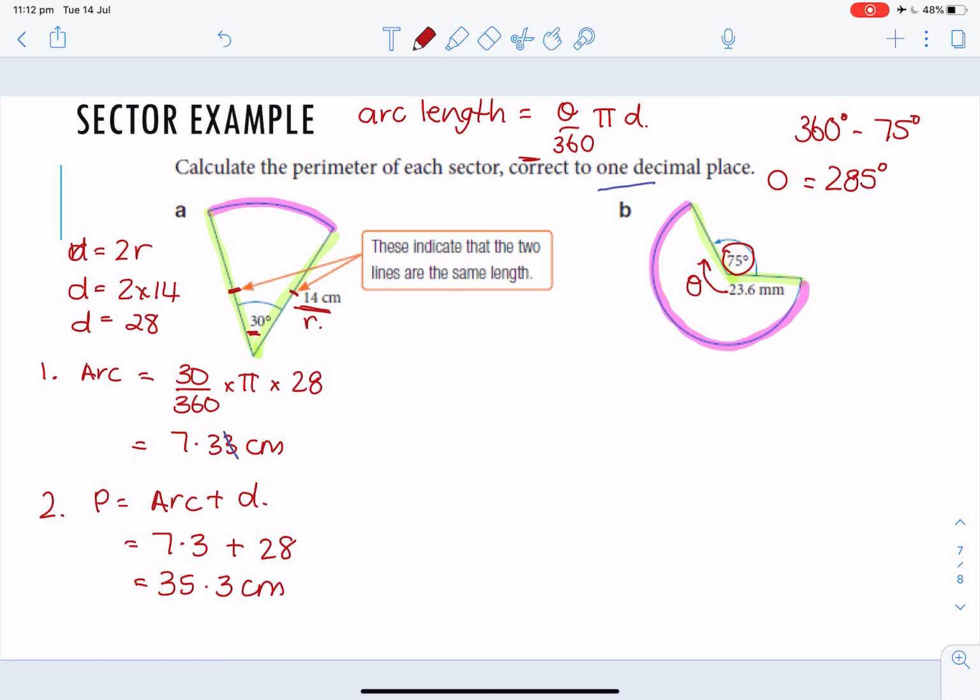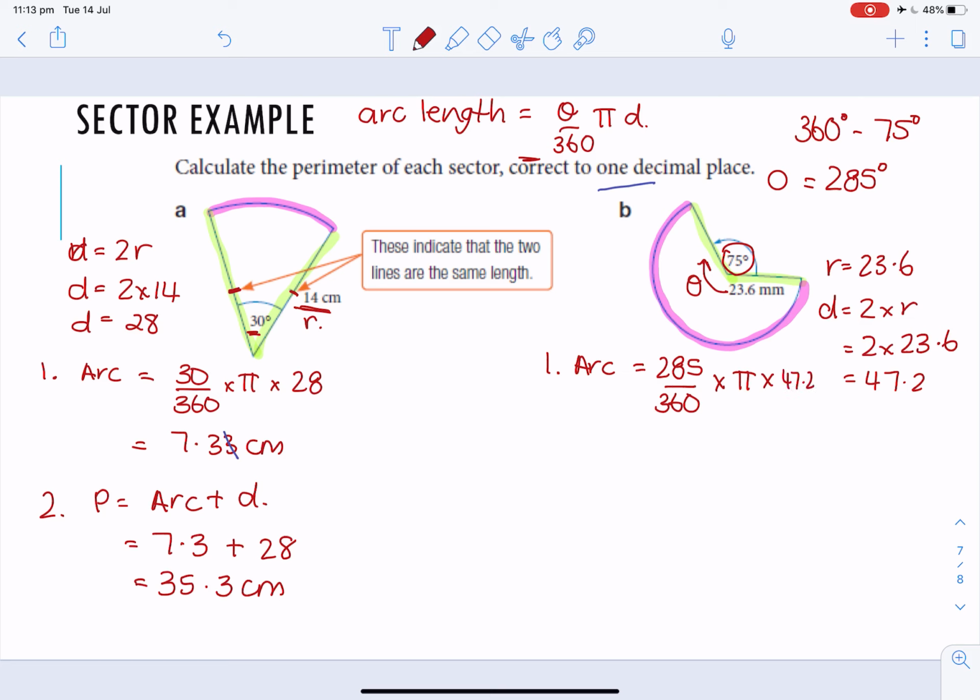Using exactly the same formulas as before, I'll find my arc, which is my pink line there, is equal to 285 divided by 360 times pi times my d value. My r is 23.6 and d is equal to 2 times my r, which is 2 times 23.6, which is equal to 47.2. Yeah, cool. I am just double checking all these as well. 47.2.